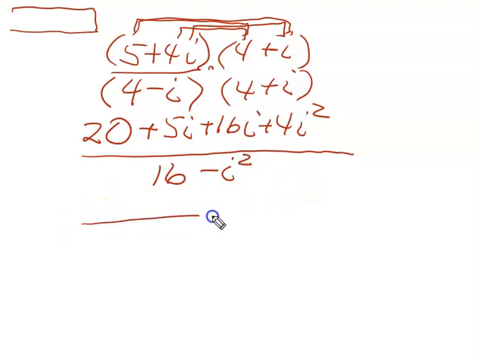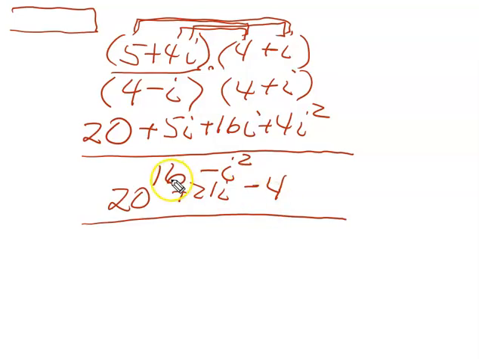So we're going to collect like terms now. Well, a little bit of like terms. So 20, and then this is plus 21i, and this is now 4i squared, but this i squared is a negative 1, so this becomes a negative 4.